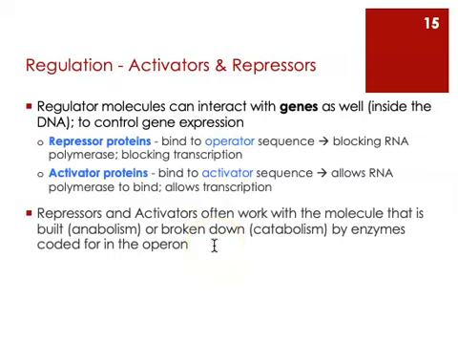So some genes, as we've said, are operons, and they code for a whole set of enzymes that are going to do a metabolic process for the cell. They're either going to build something in an anabolic reaction, or they're going to break something down in a catabolic reaction. So the products of those metabolic processes are what set these repressors and activators in motion.